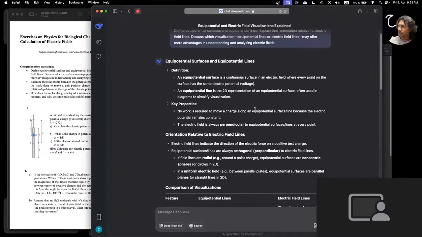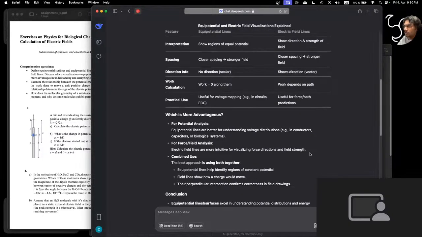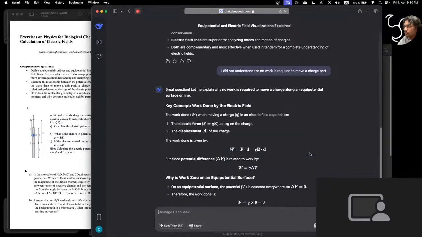An equipotential surface is a continuous surface that has the same electric potential. Interesting.